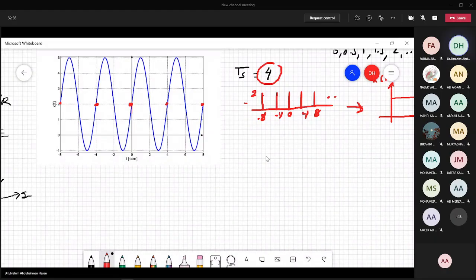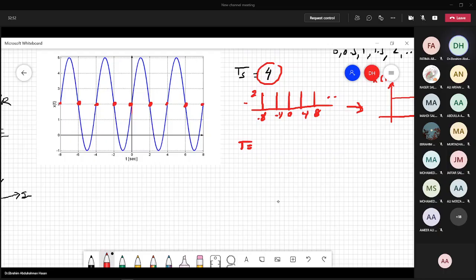If we take Ts equal to 2, then you will get a value every 2, here, here, here, here. But again, it is the same. You will get something like this. Again, this is not equal to the original one.